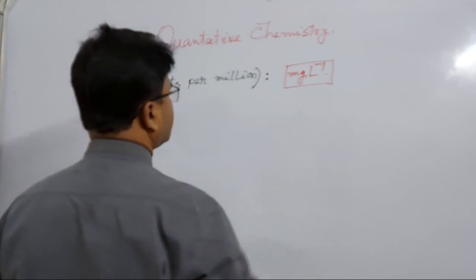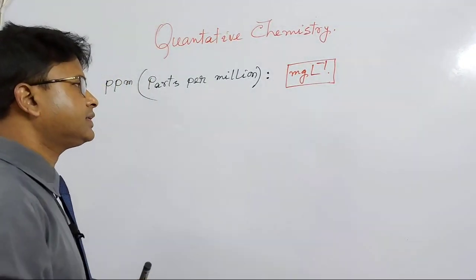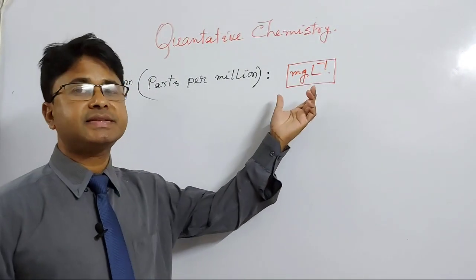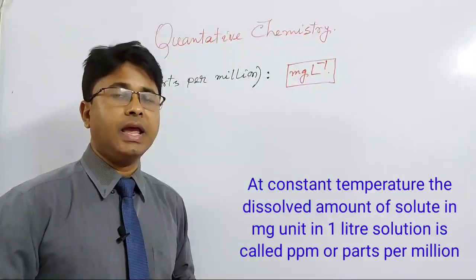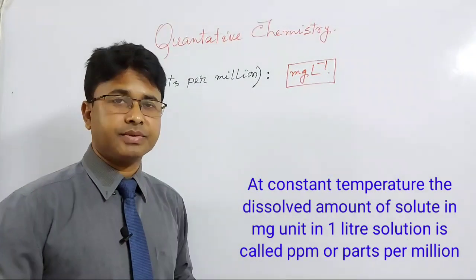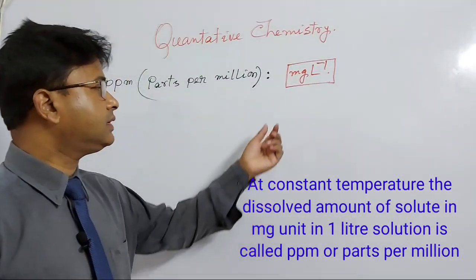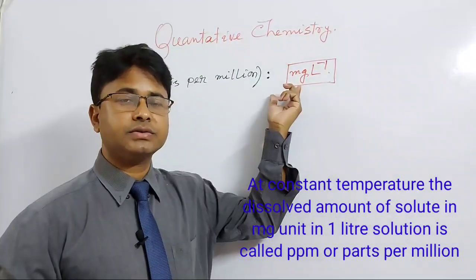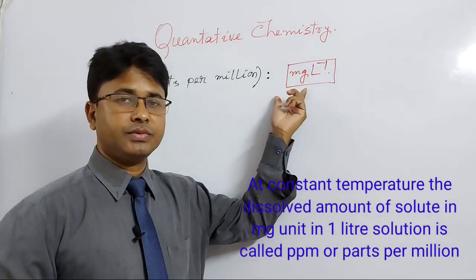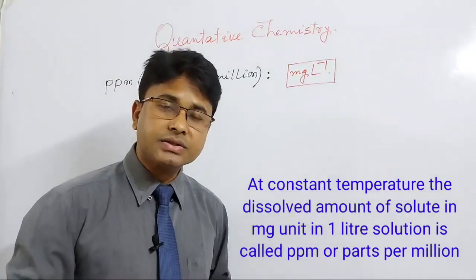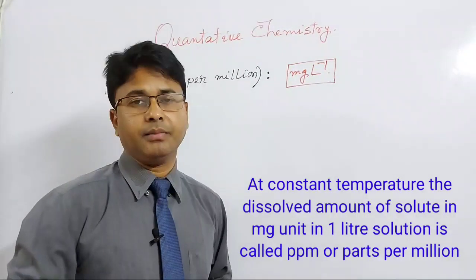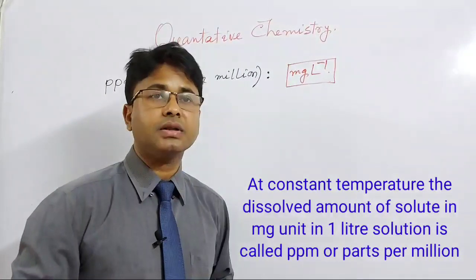Students, now if I give you a definition on the basis of this unit, I can say at constant temperature, the dissolved amount of solute in milligram unit in 1 liter solution is called ppm or parts per million.